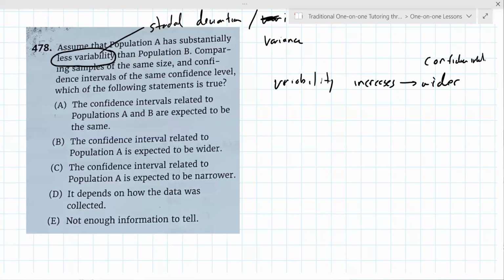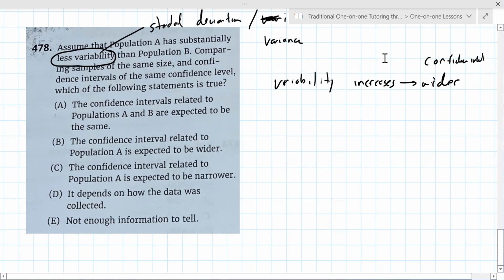Like if you go to your school cafeteria, or maybe Chipotle is a better example, someone gets all the meat on their bowl and I got a little bit of meat, and you're like, wait, that's not right. So the more variability, the wider the confidence interval, because it has to account for those variations. And that's directly related, because as one goes up, the other goes up.